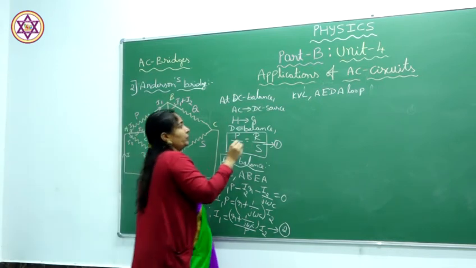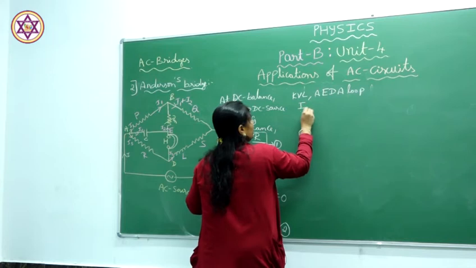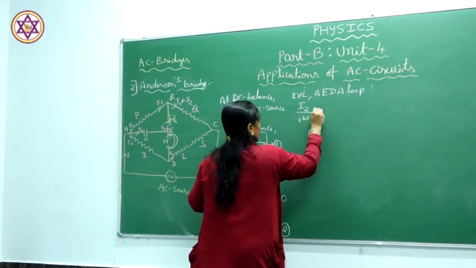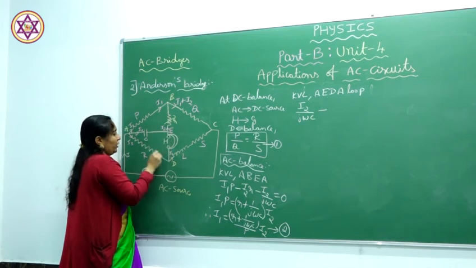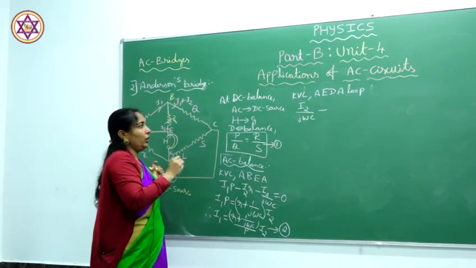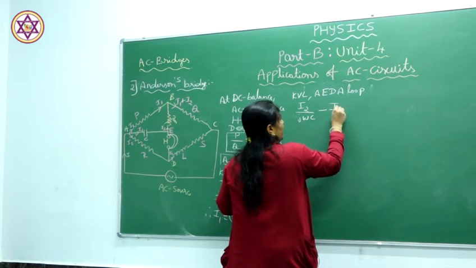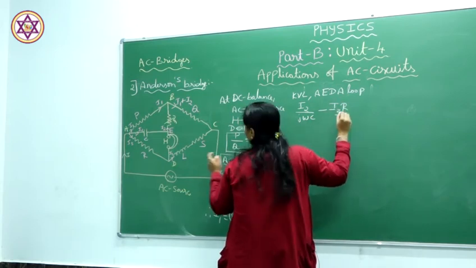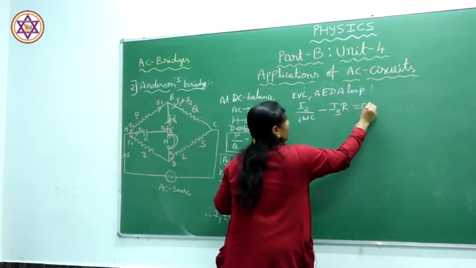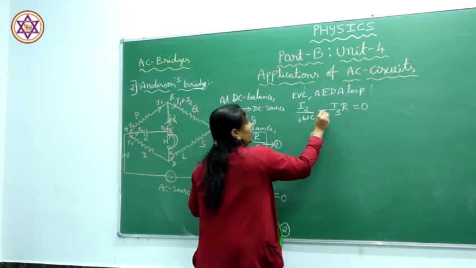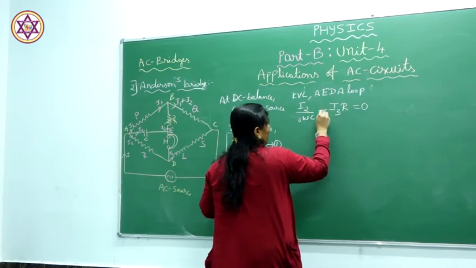If we apply Kirchhoff voltage law to the loop AEDA, what are the currents flowing through this? I2 by j omega C minus, in this no current, minus I3 into R, should be equal to 0. Take this term to RHS, it becomes positive.